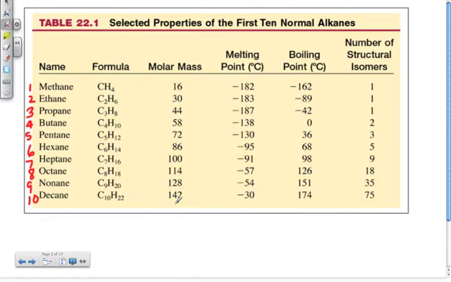You can see as the number of carbons increase, the molar mass increases, and you can also see as the number of carbons increase, the boiling point increases. And this is because you have a larger molecule and it's going to take more energy to pull it apart.